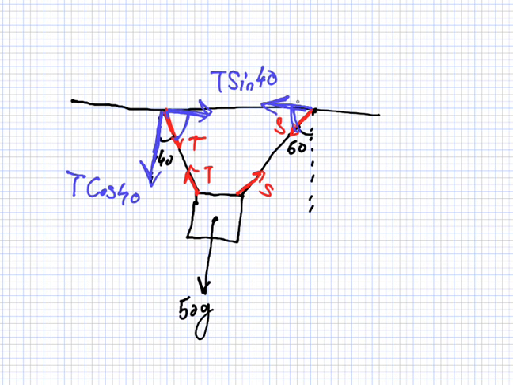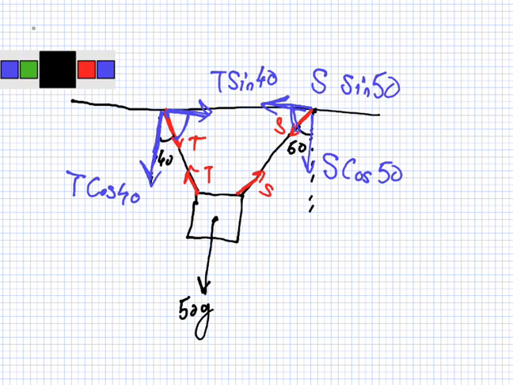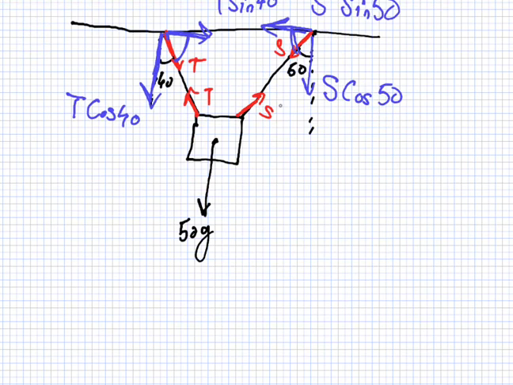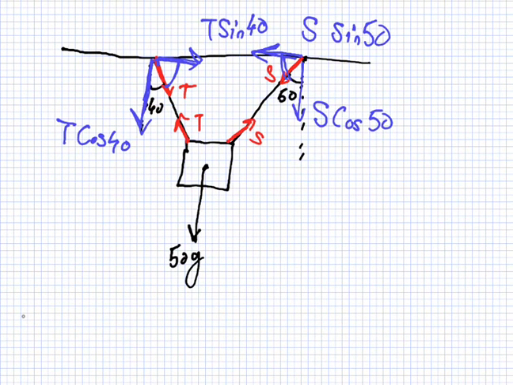Okay, and this one here is S cos 50, and this one here is S sine 50. So I can say T sine 40 must equal what? Anyone get that?